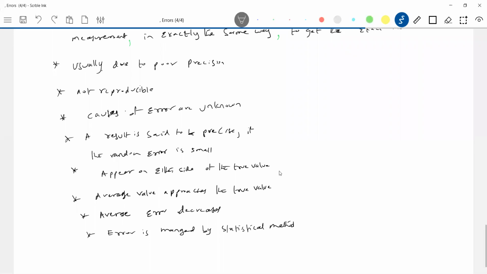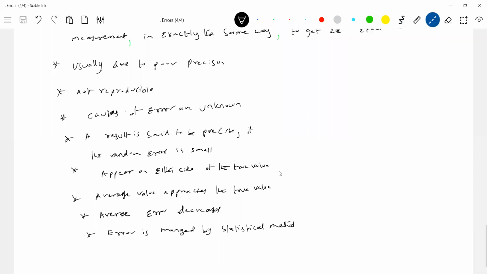Now we'll compare with the other thing. Suppose this is the true value, x naught.